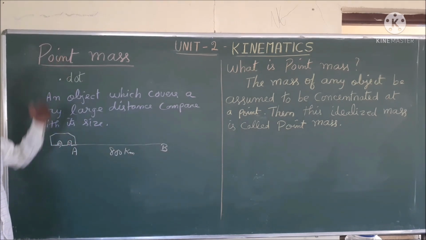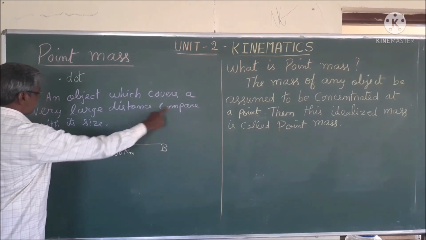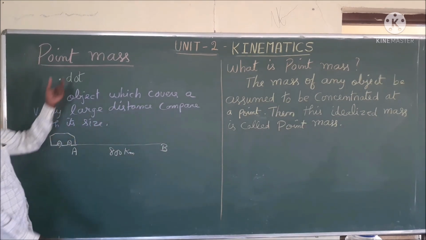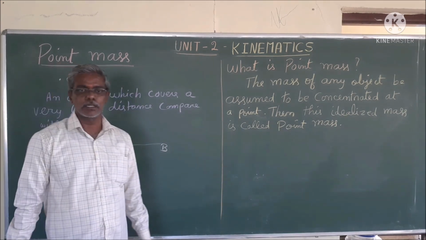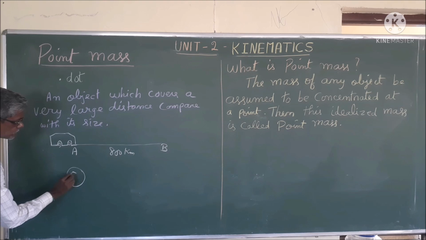That is called point mass. So, an object which covers a very large distance compared with its size is called a point mass. Understood?